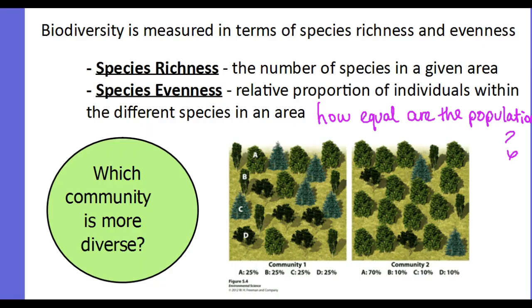Okay. So what I need you to write down is that we measure biodiversity in terms of species richness and evenness. You saw that in the warm-up. You saw that yesterday when we calculated species richness and evenness. So richness is the number of species in a given area.